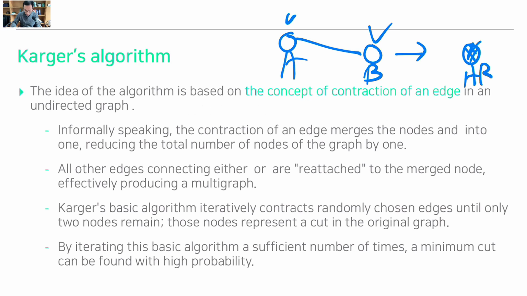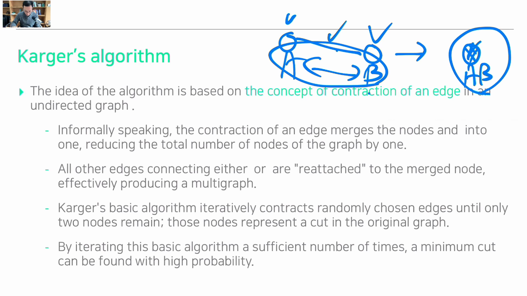Let's say this is AB, because it's contracted into just one node from the two nodes which are connected by an edge. So we randomly choose this edge, and we contract this relationship into one.